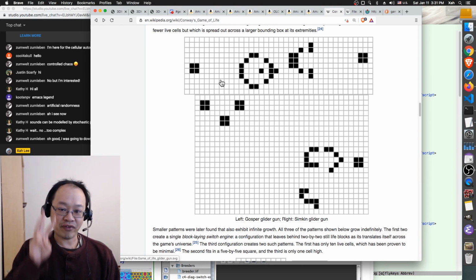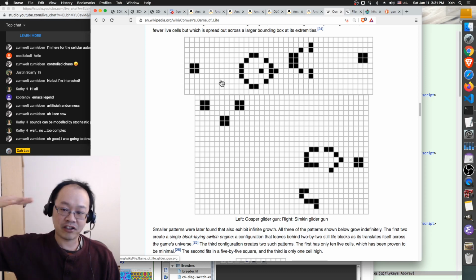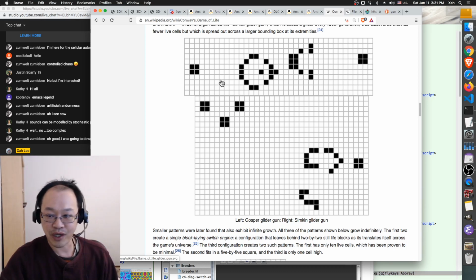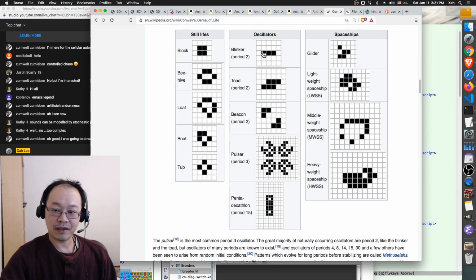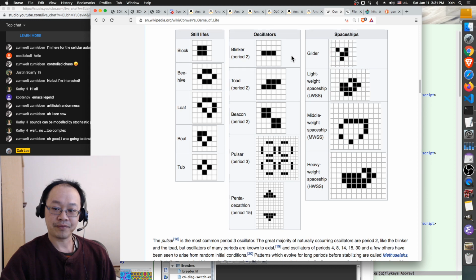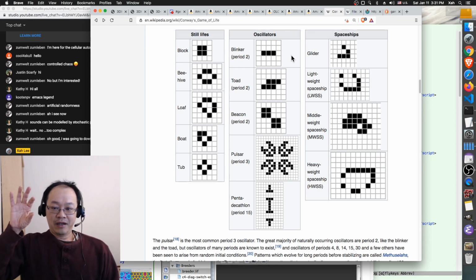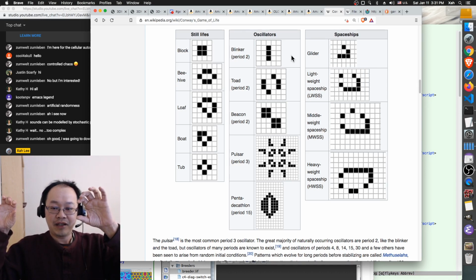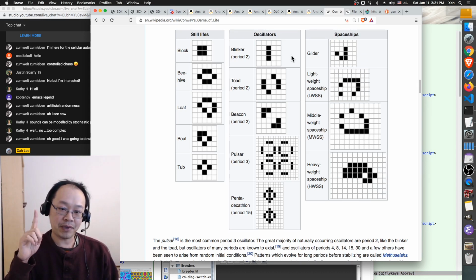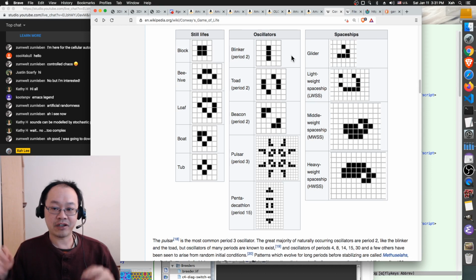But if you have three cells, let's say we arrange them in a horizontal line, that starts to become interesting. Then you start to have this pattern, called a blinker. You see this one? The cells on the side each have only one neighbor, so in the next generation they die.